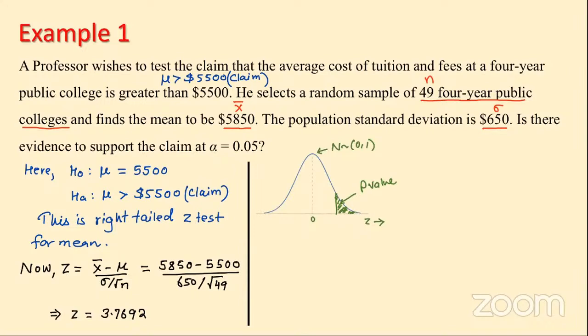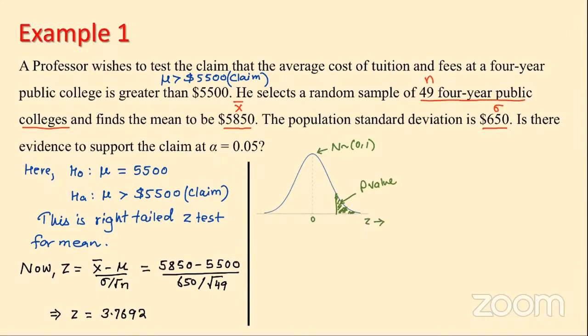If you look at this diagram carefully, because you are calculating the area, in your TI-84 calculator you'll use normal CDF, right? And then we need a lower boundary here. What is that lower boundary? We go all the way up to the upper boundary. But do you know what is the Z value along this x-axis? This is the value that you have calculated there, right?